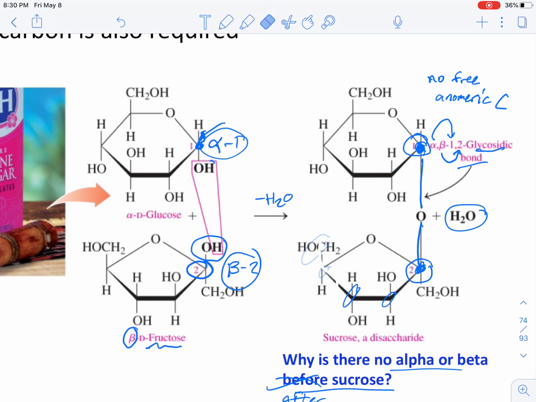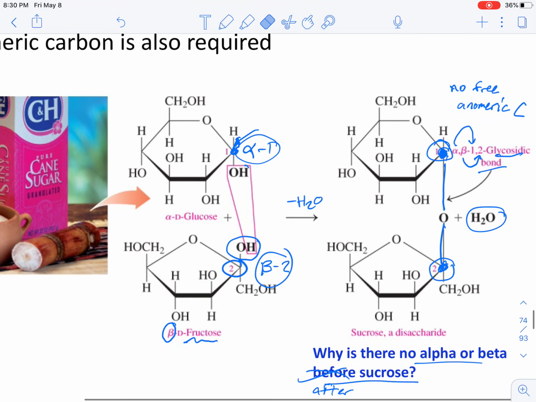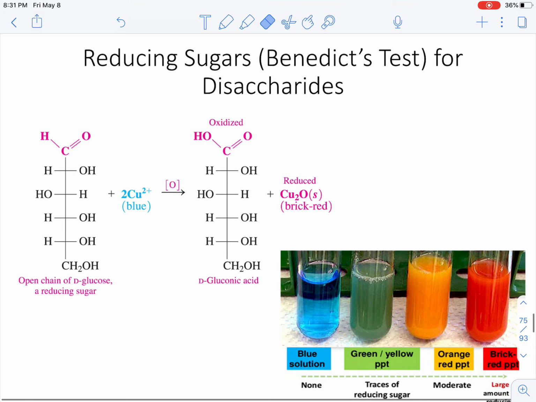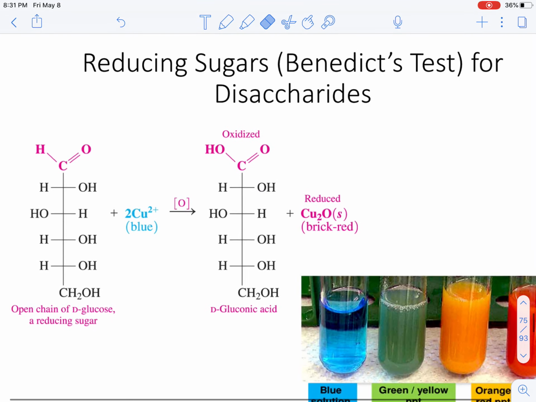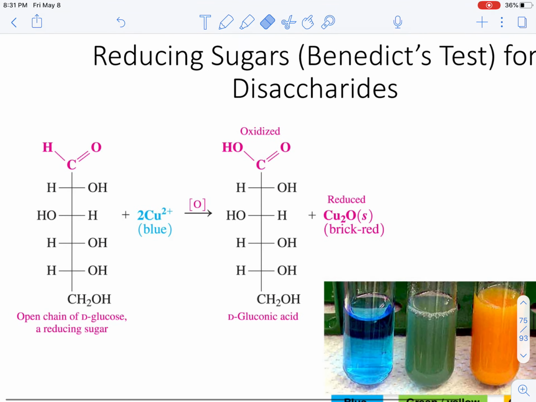This is important because we can test this idea of having a free anomeric carbon or not having a free anomeric carbon. This is known as Benedict's test. We can use Benedict's test to confirm the presence of reducing sugars.